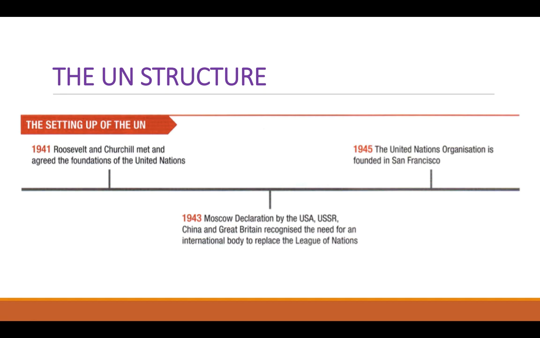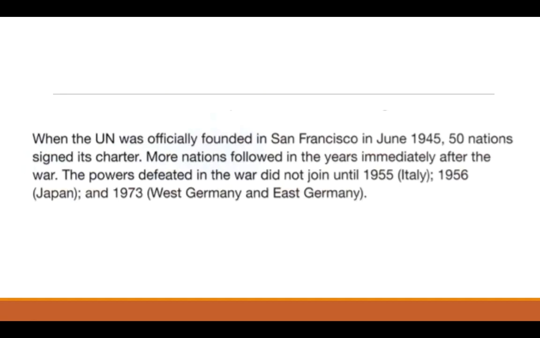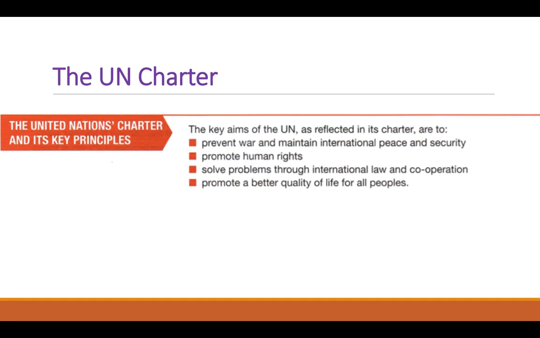And then in 1945, finally, when the war was over, the United Nations organization was founded at the San Francisco Conference. When the UN was officially founded, 50 nations signed its charter. And till now, the numbers have only been increasing. Today, almost all of the countries are members of the United Nations.